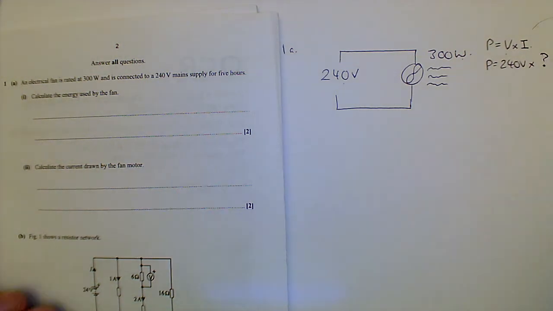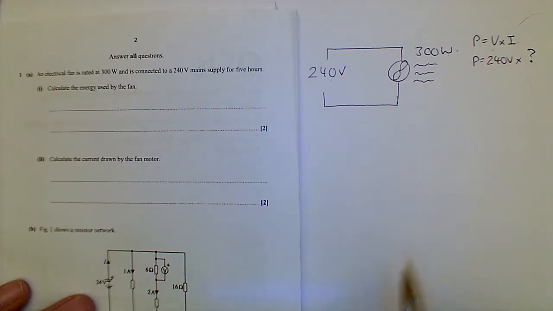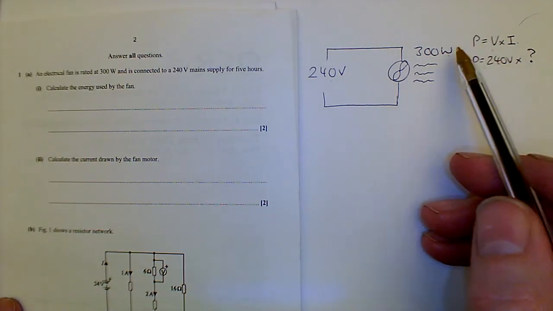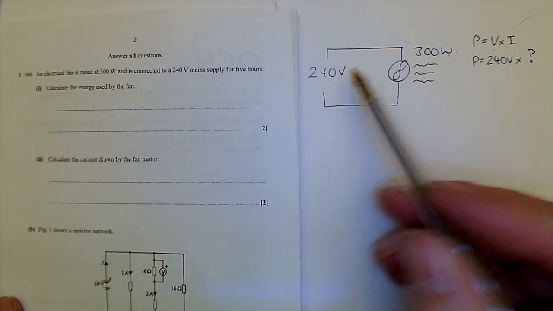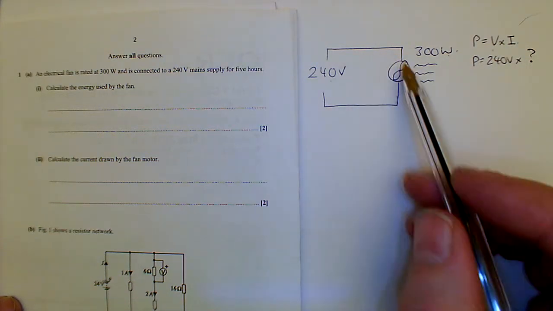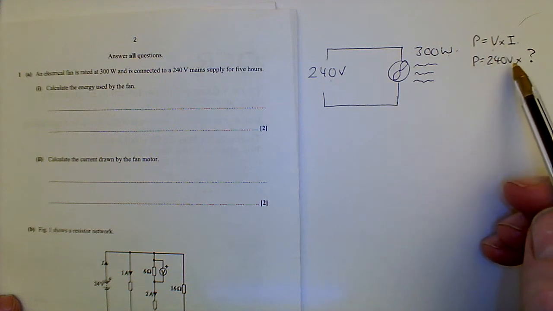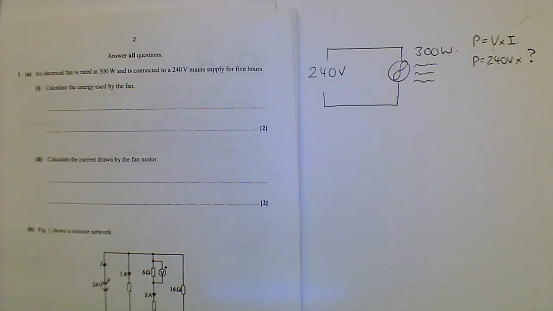I'm applying knowledge by understanding that power in watts is V times I. Well, I've got V, so I can almost predict that the question is going to be something to do with figuring out the current, because I don't have that value yet. So we'll have a look at the question now.